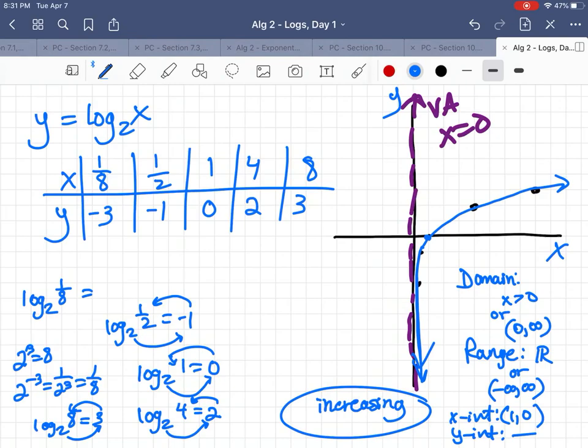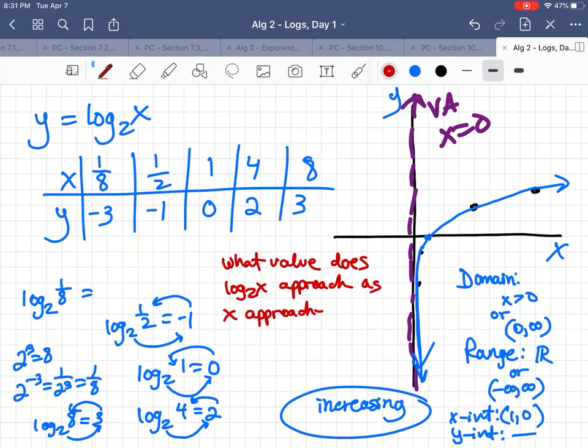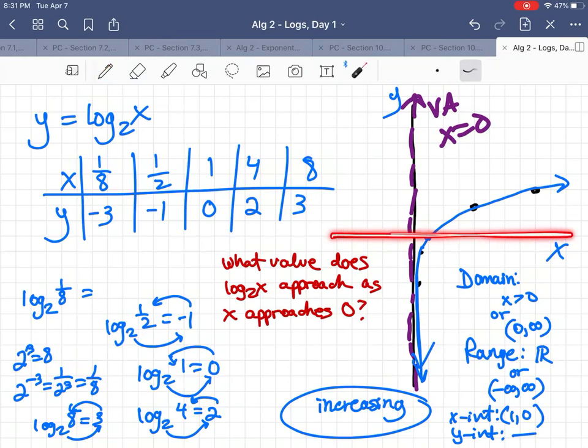And I have one last question here. I think I'll squeeze it in right there. What value does log base 2 of x approach as x approaches 0? Okay, so as x approaches 0, here's your x-axis right here. As x comes to 0 on this side, there's nothing over there.